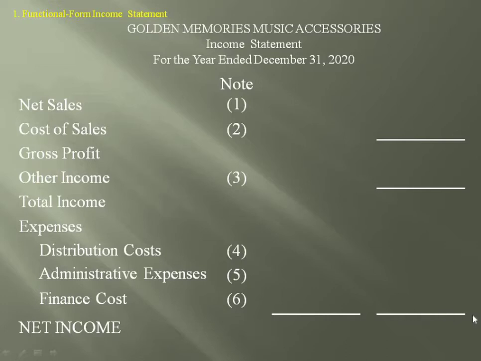Got that? So you must know where to properly write the bars after each mathematical operation. And not to forget, for the net income amount, since that is the last line item, double rule.